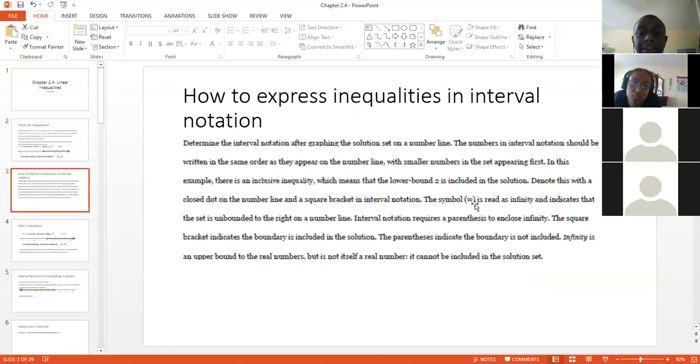So we put infinity on the right. Infinity is not a number, but it's the concept that it is the upper bound to all real numbers. But it itself is not a real number, so we put infinity there because it represents that it goes to the right forever and ever.